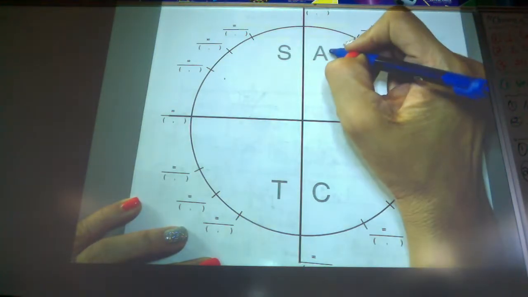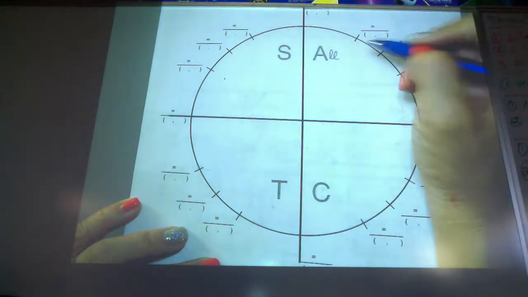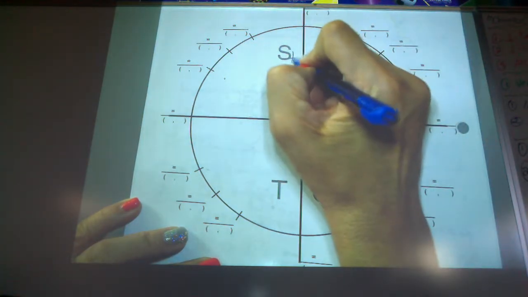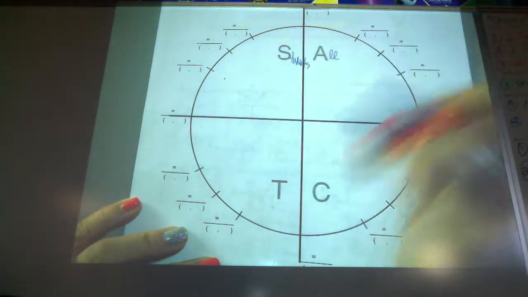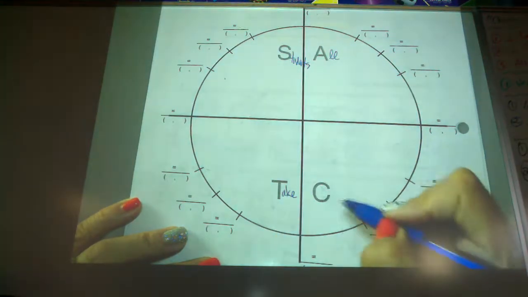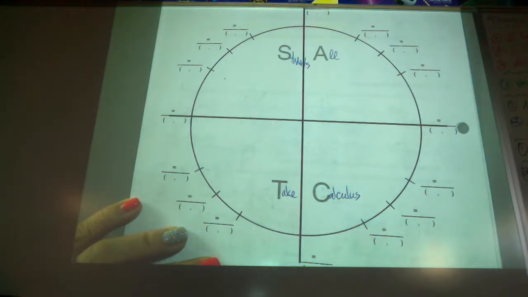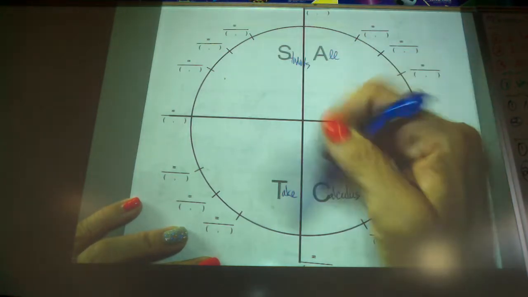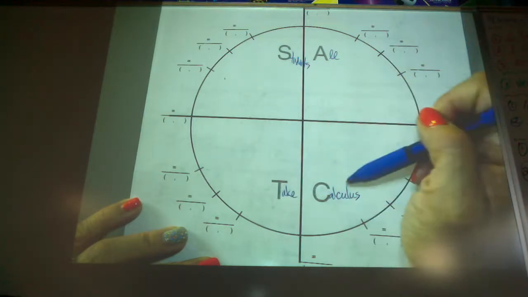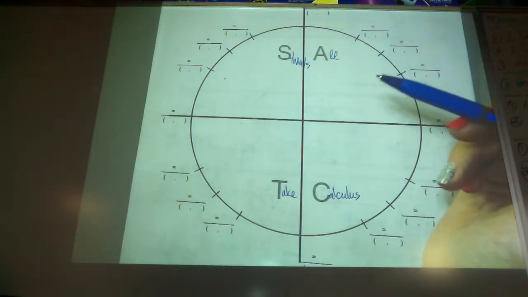This A represents all. This S represents the word students. This T represents the word take. And C represents the word calculus. All students take calculus. It goes starting in quadrant 1 and goes counterclockwise.